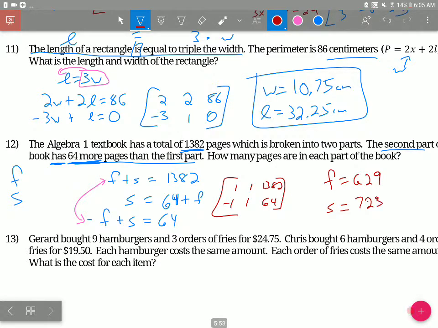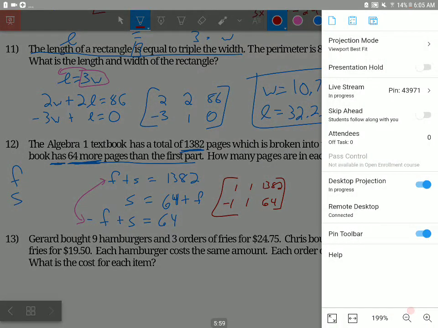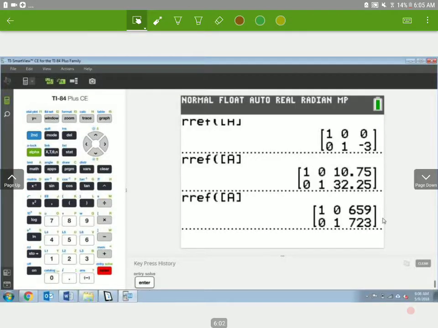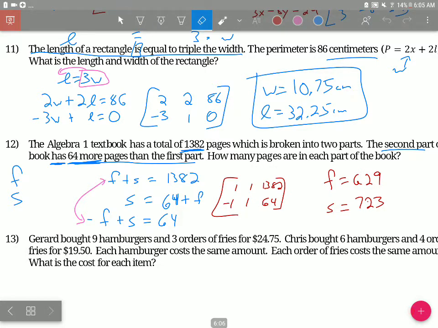I think what I just wrote down there is wrong, because 629, 723, that's not right. 659, 723. I knew something was off. Again, I'm up to 6:05 in the morning. Been here since 4.